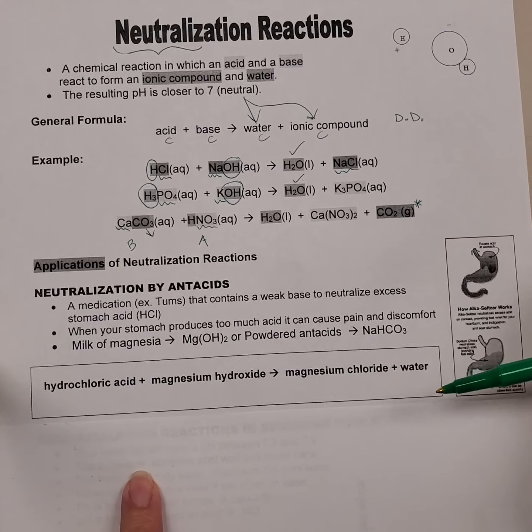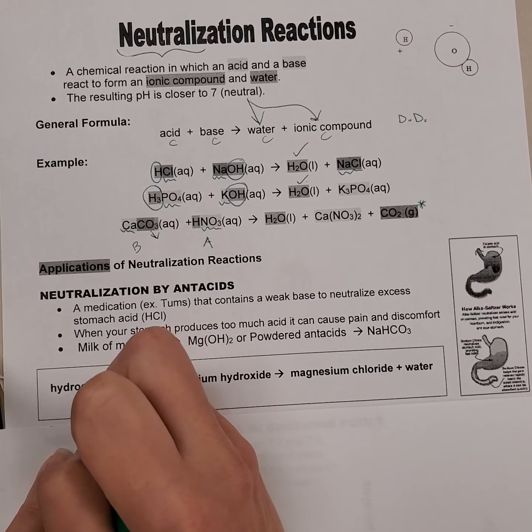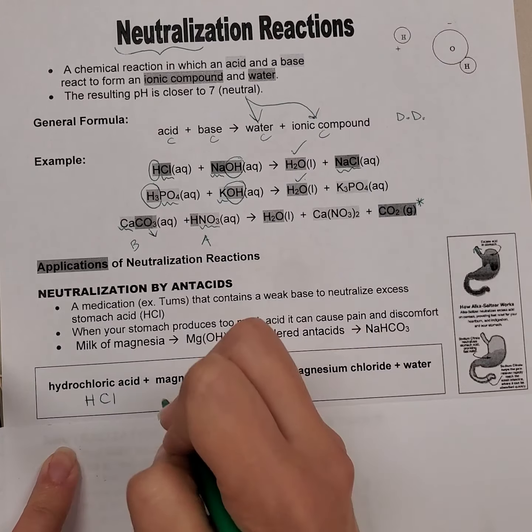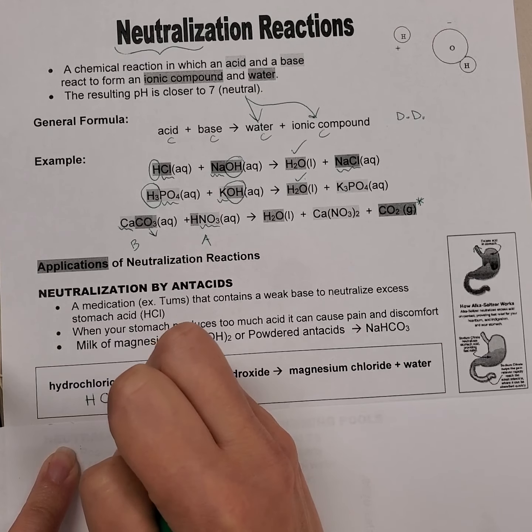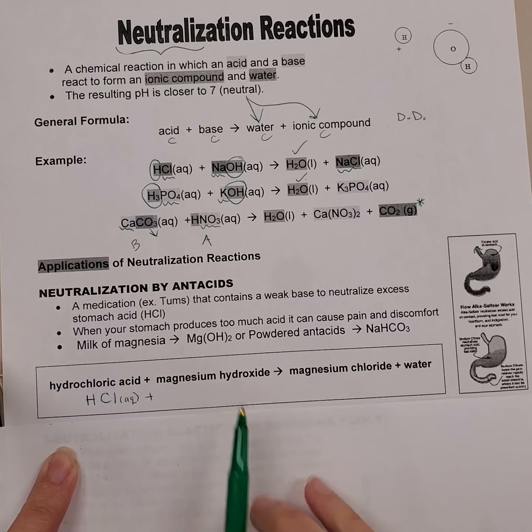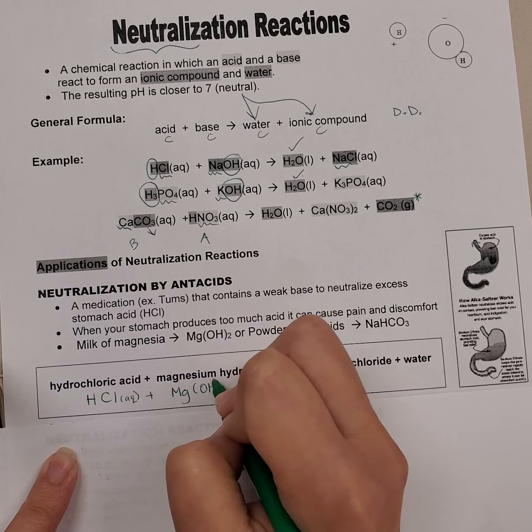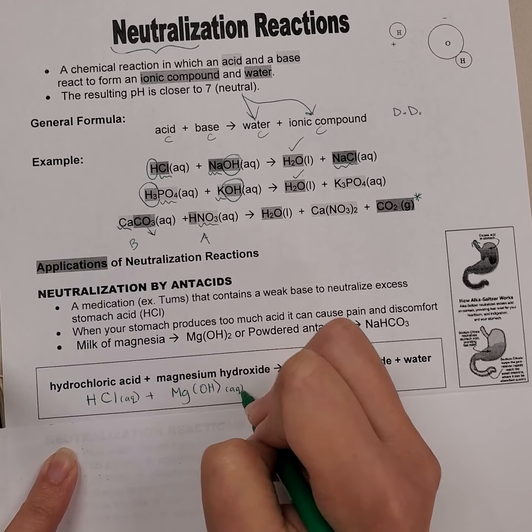So an example here, we've got the hydrochloric acid in the stomach. The formula is HCl, aqueous, plus magnesium hydroxide, also aqueous.